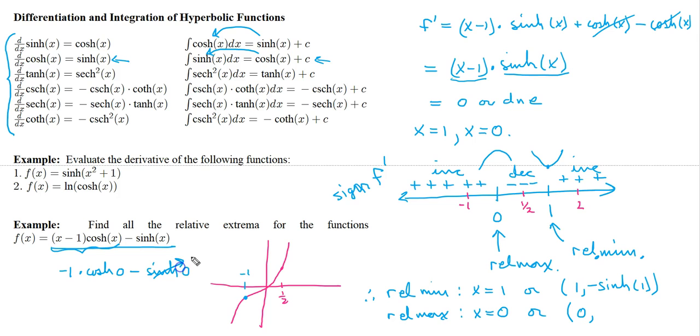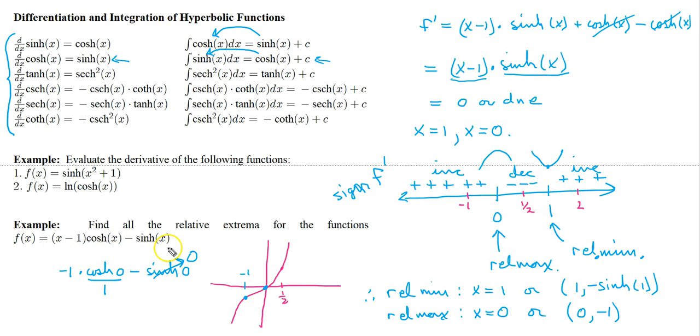The sinh of 0 is 0. Right, here's the graph. It crosses through the origin right there when x is 0. The cosh of 0 is 1, remember. So we're going to get here negative 1. And there are the relative extrema for this function right here.